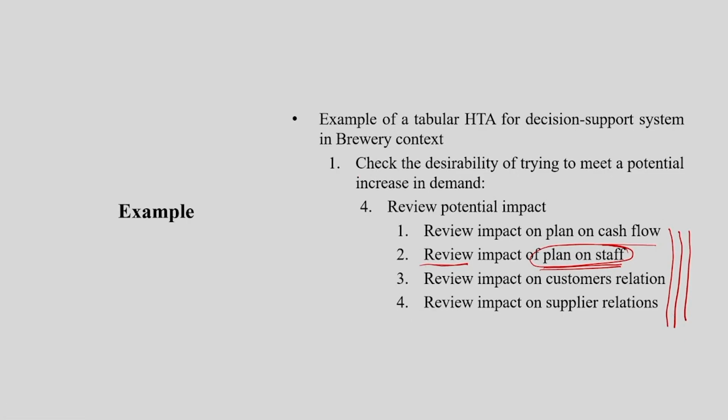If there is a problem with the cash flow, it may affect your staff plan, it may affect your relation with the customer, and it may also affect the relation with the supplier. So all are interdependent, and how you are planning to handle it, this critical part is very important, and you need to review it.